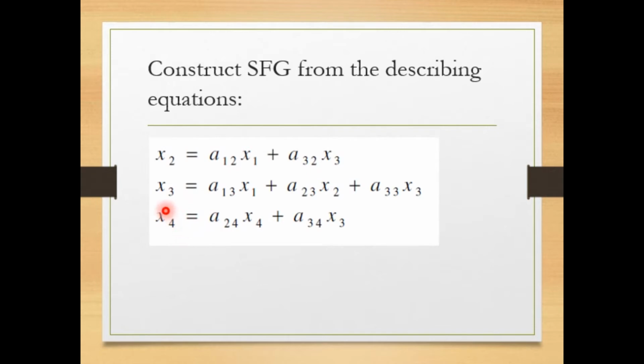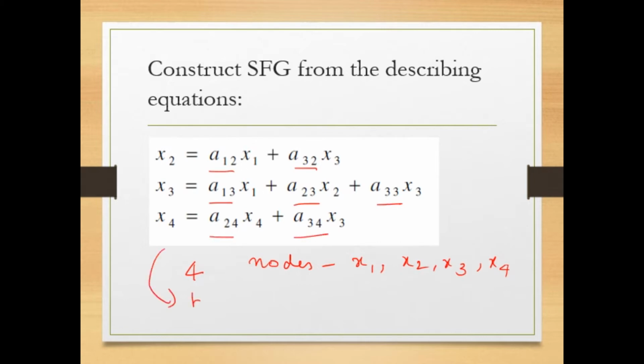So we have four nodes for this given set of equations, and a12, a32, a13, a23, a33, a24 and a34 represent the branch gains.